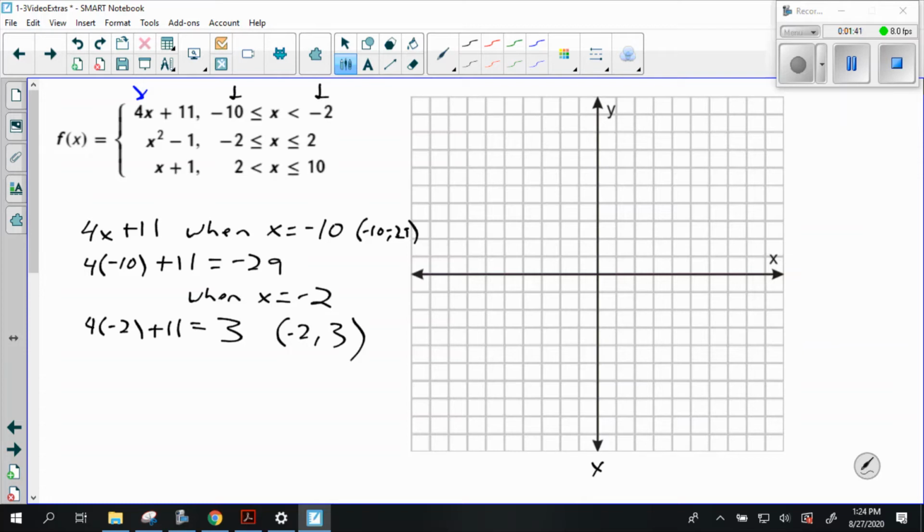So I could go up to 10 here and then negative 10 here. So I think what I'm actually going to do is go ahead and make these units.